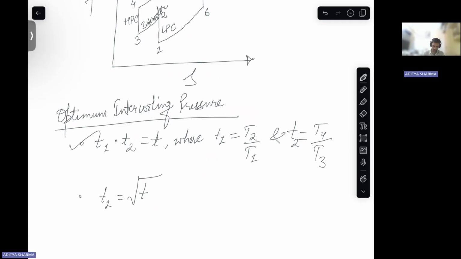Okay. And why so? Because your T1 is equal to T2. So this is for your optimum intercooling pressure.